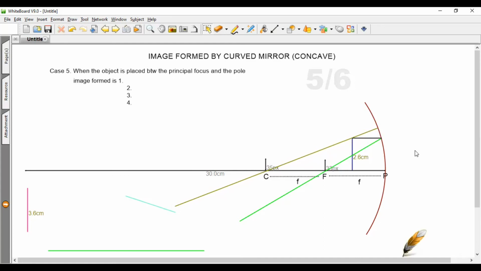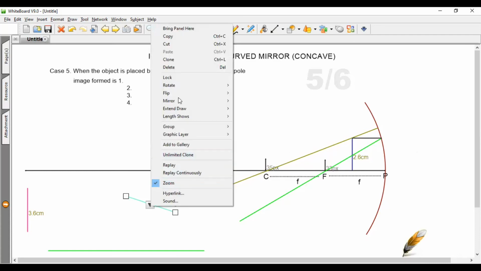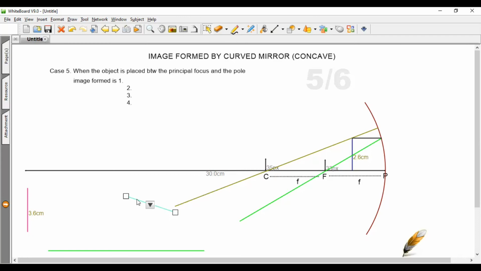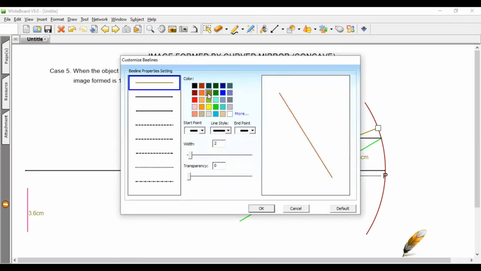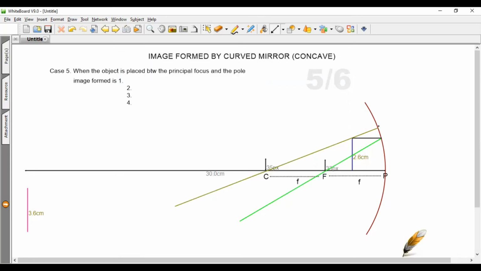Now, if we look at this, in this case, if we try to extend this behind the mirror, for example, let's come over here and extend this. Let's try and extend this beyond the mirror.